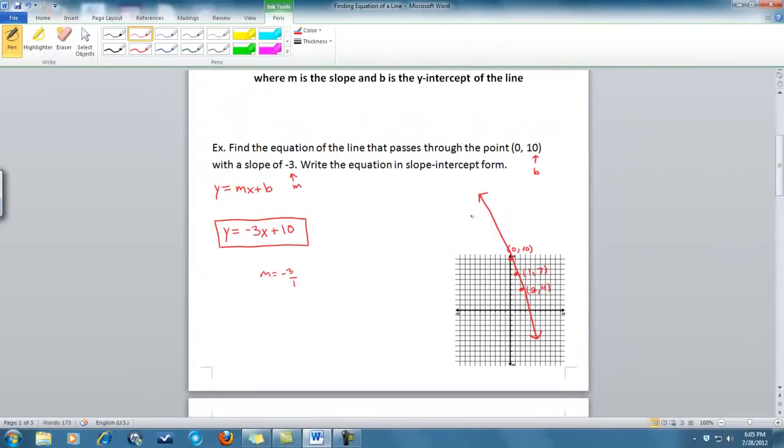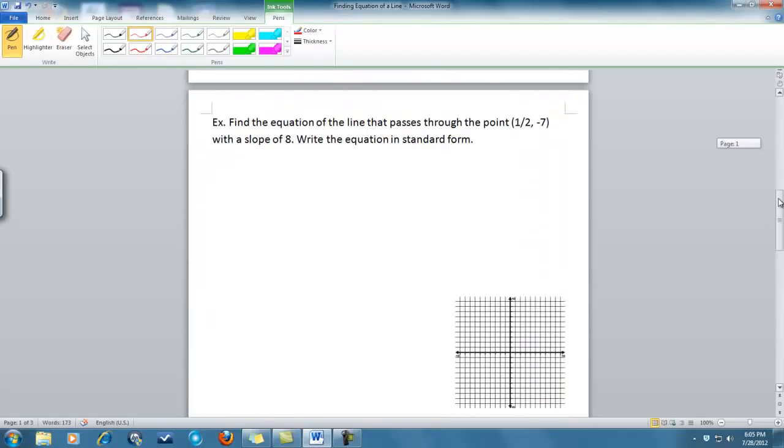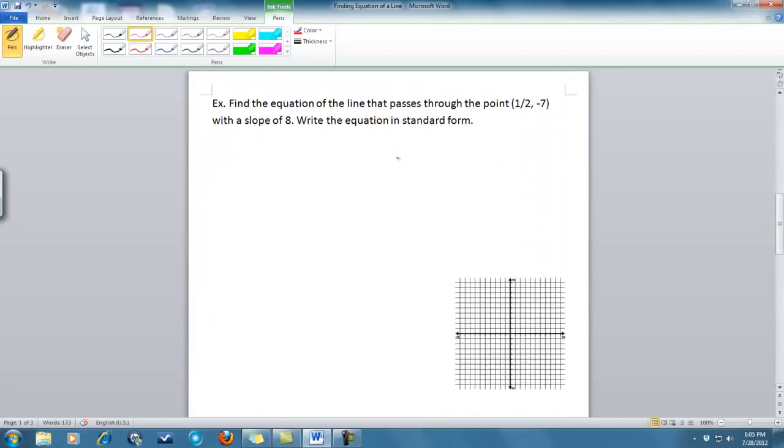Let's move to our second example. This example says, find the equation of the line that passes through the point (1/2, -7) with a slope of 8. Write the equation in standard form.